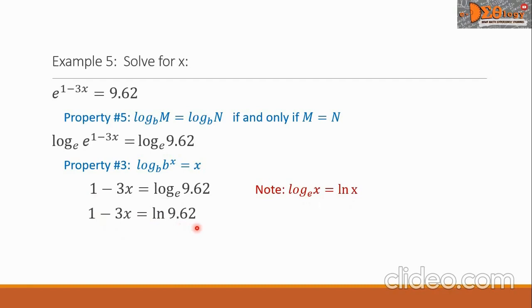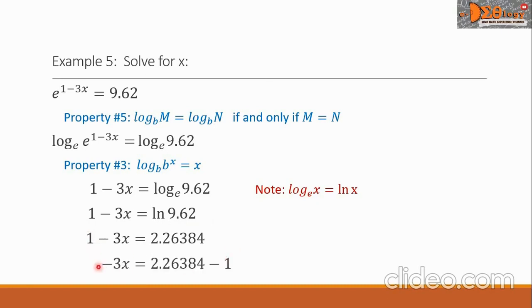Using our calculator, we can get the value of ln 9.62, and this is equal to 2.26384. So let us now solve for x. This positive 1 we will transpose to the right side. Of course, the sign must be changed.